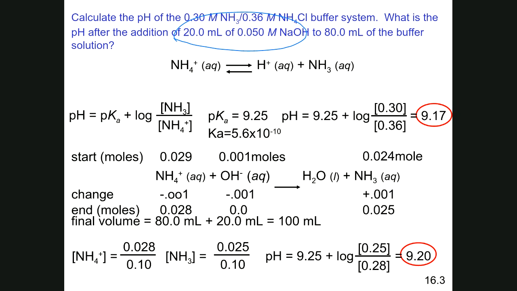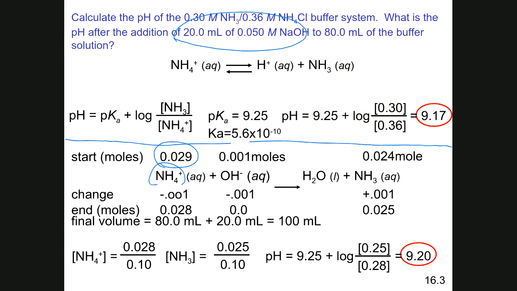So what's going to happen? This is the second part of the problem. Initially, you have the number of moles of NH4 plus. How do you find the number of moles of NH4 plus?